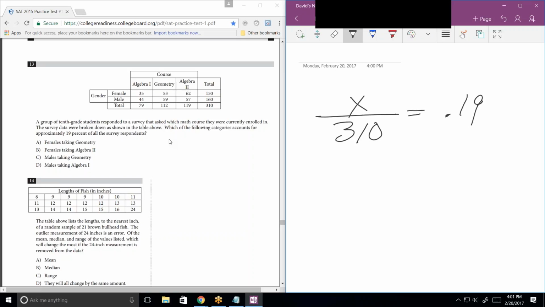Well, what's 0.19 times 310? 0.19 times 310 equals 58.9. So x equals 58.9. Which category is that? It's the geometry male. Males taking geometry, yeah. Okay.